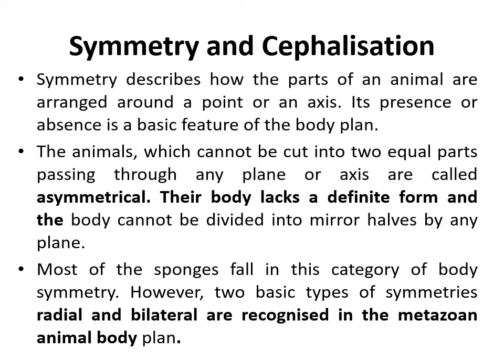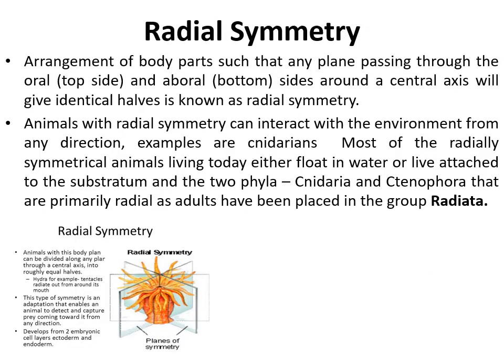2 basic types of symmetry, radial and bilateral, are recognized in the metazoan animal body plan. Radial symmetry is the arrangement of body parts such that any plane passing through the oral and aboral surface, where oral is the upper surface and aboral the lower surface, around a central axis will give identical halves.